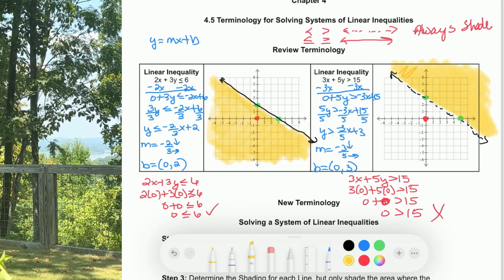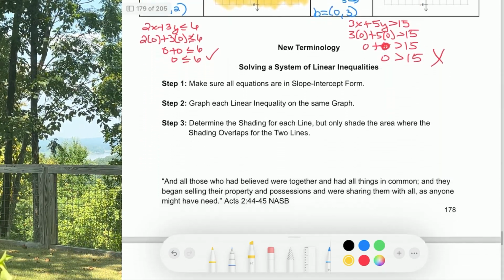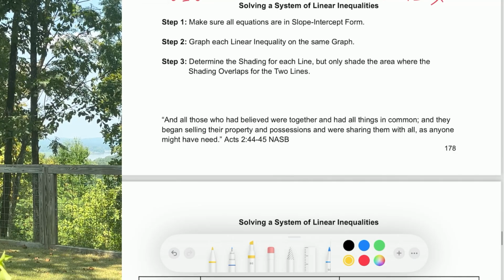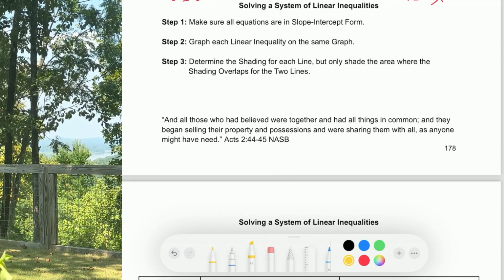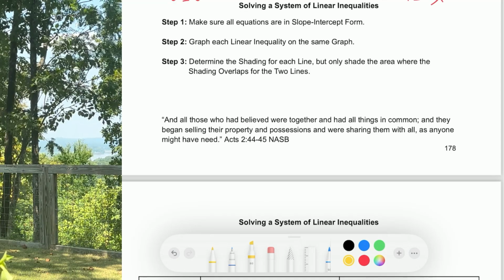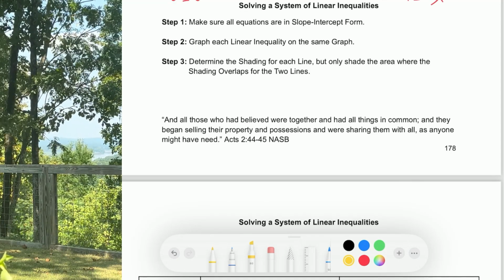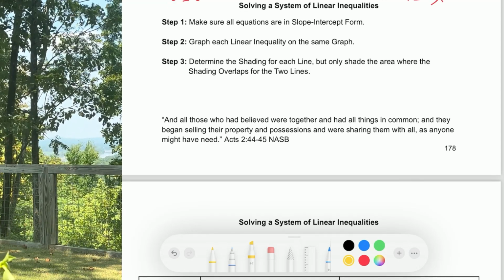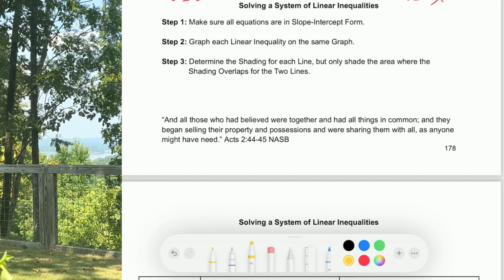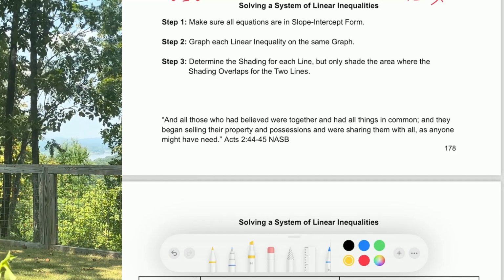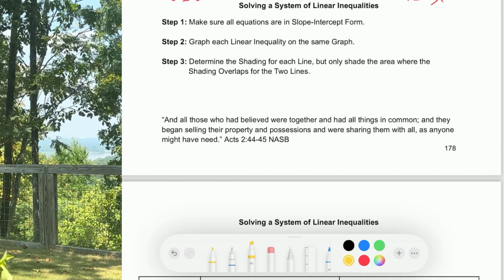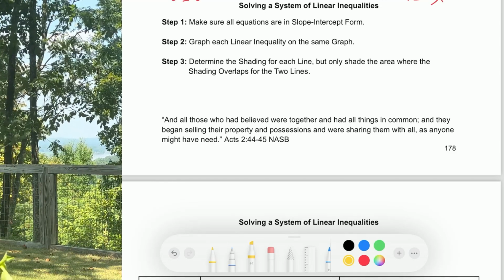All right, now that we've had that quick review, let's talk about solving a system of linear inequalities. Step 1, make sure all equations are in slope-intercept form. Step 2, graph each linear inequality on the graph. Step 3, determine the shading for each line, but only shade the area where the shading overlaps for those two lines.